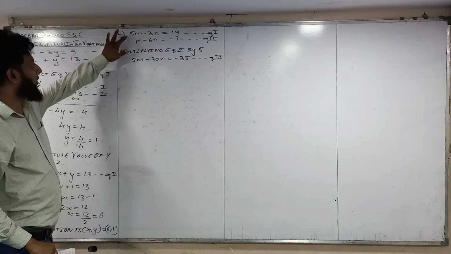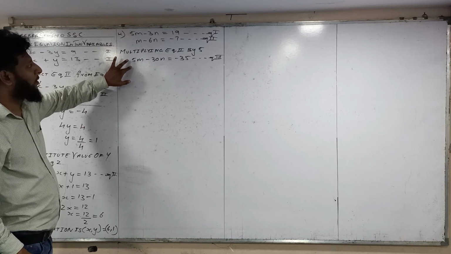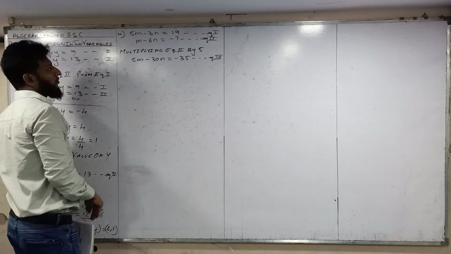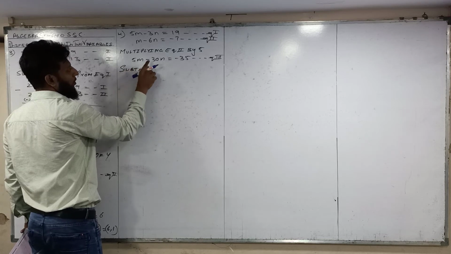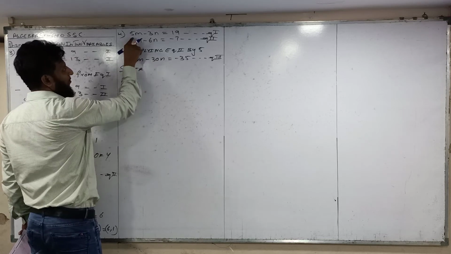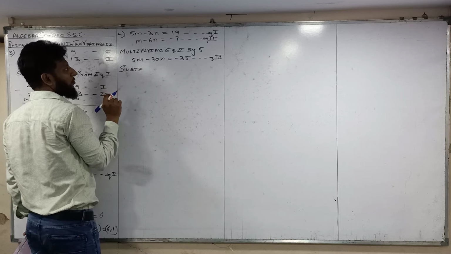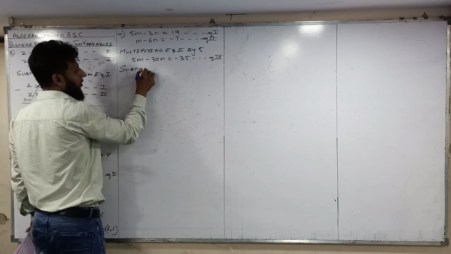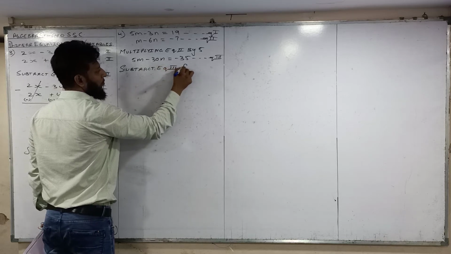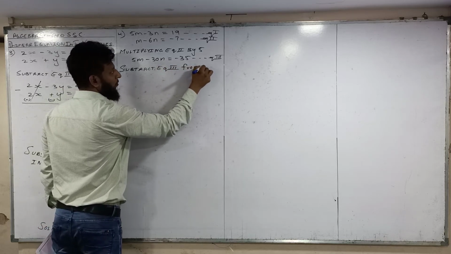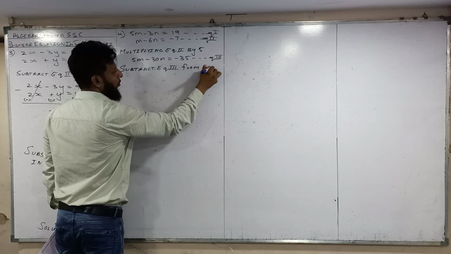Okay, now the value of 5m and 5m is the same. Now what you have to do, you have to subtract, because the 5m and 5m are the same, so you have to subtract equation 3 from equation 1.